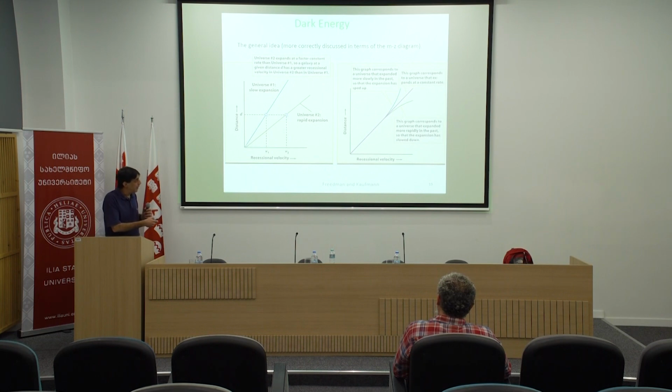So you want to have really bright things because you want to go very, very far back in time and measure the expansion rate then, and compare it to the expansion rate now.